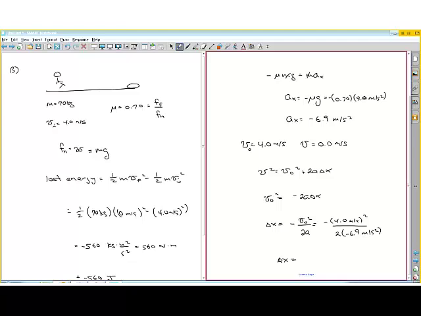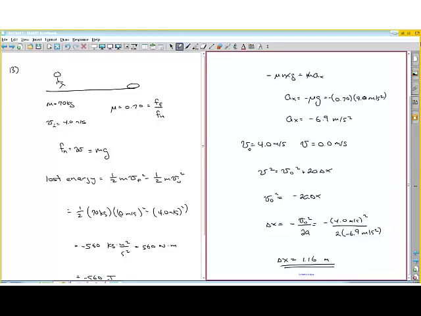So we get delta x is 16, which is 4 squared, divided by 2, divided by 6.9. The negatives cancel out, and you get delta x is 1.16 meters, which is a little over 3 feet.